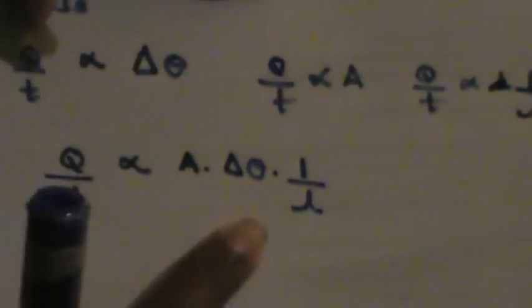We can say Q by T is directly proportional to A times delta T times 1 upon L, from the dimension analysis.